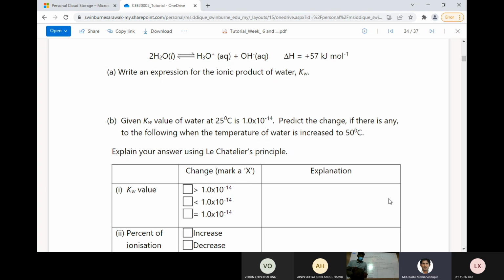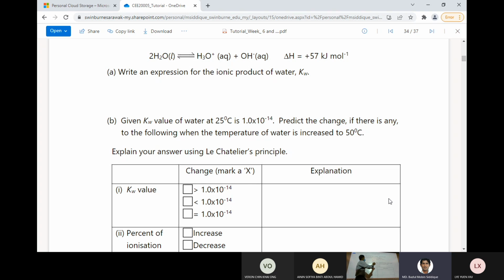Kw value, will it increase, decrease, or not change? At 25 degrees centigrade, we have this amount of hydronium ion and hydroxyl ion, and this equation is an endothermic reaction, so the more heat you put in, the further the reaction will go.